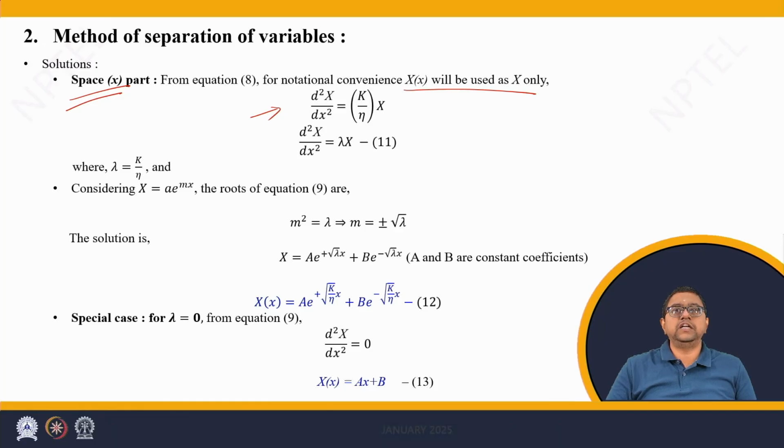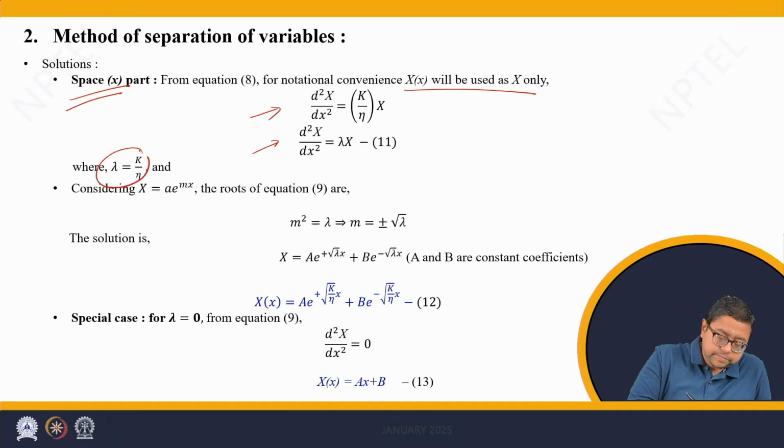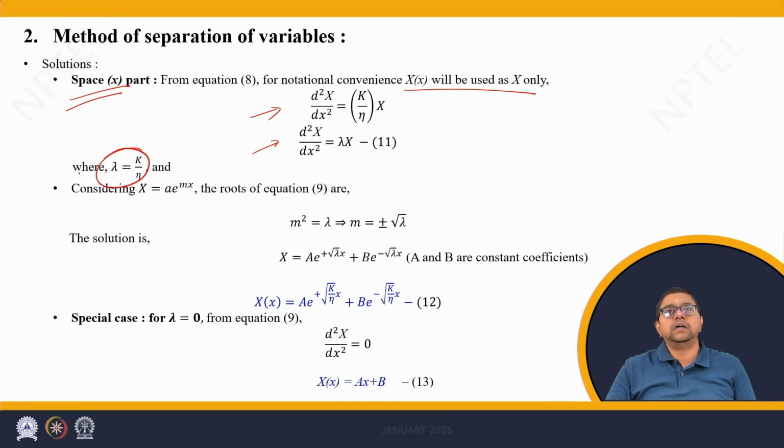We derive d square X by dx square equals k by eta into capital X. Now let us suppose we have k by eta equals lambda. Thus we can get equation 11 as d square X by dx square equals lambda X.